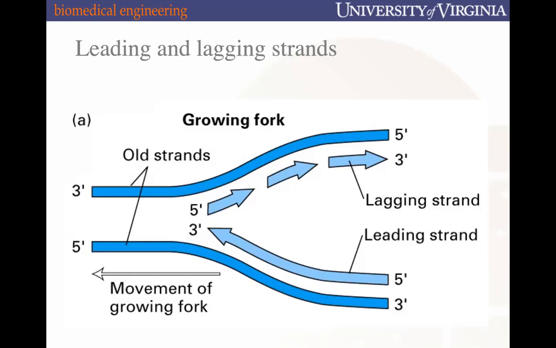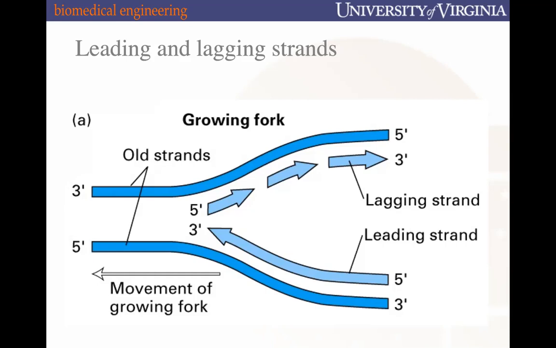You can imagine, like in football, a blocker leading away and creating space for the ball carrier to go through. Helicase is the blocker, creating space and melting the DNA strand, and DNA polymerase 3 is going through and replicating continuously. Now, on the lagging strand up top, the leading strand goes towards the replication fork, and it's always in the 5' to 3' direction. The lagging strand goes away from the replication fork.